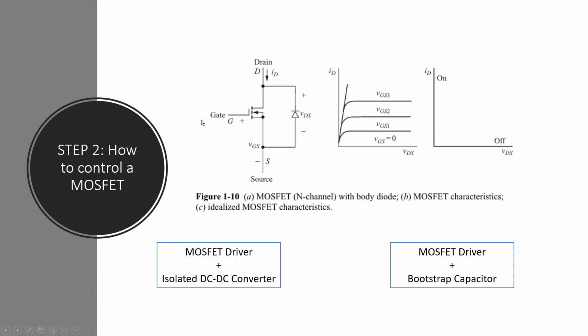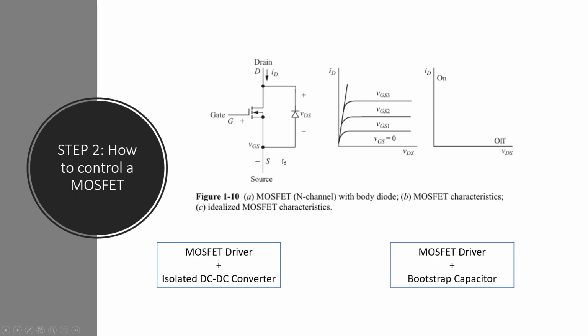By controlling the voltage between gate and source, we can close and open, like a valve, the path between drain and source. When we put 0 volt on the gate, the path between drain and source is cut off, so there is an open circuit. But when we put some voltage, it is a closed circuit, so current can flow from drain to source.